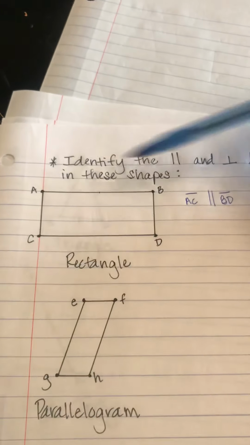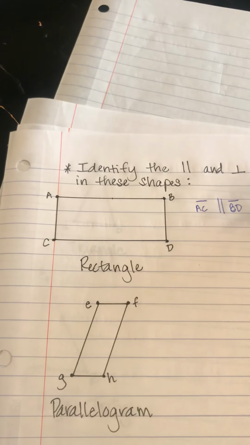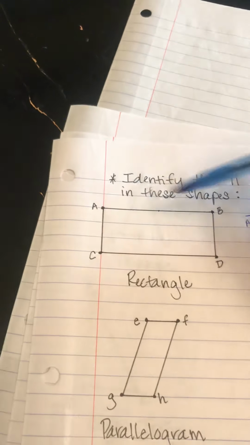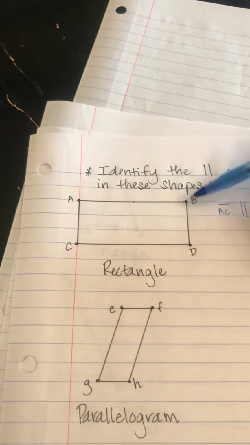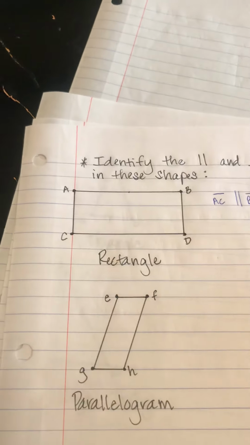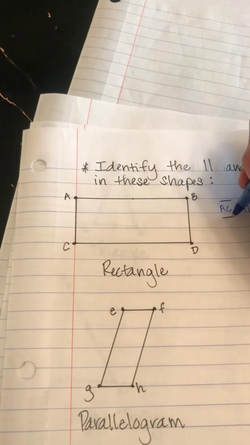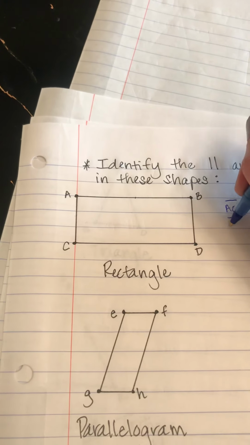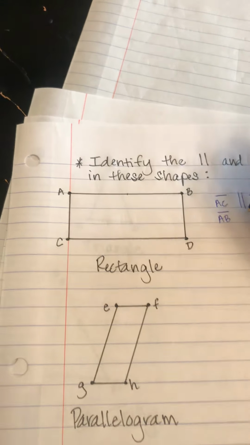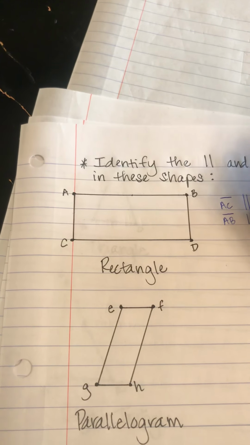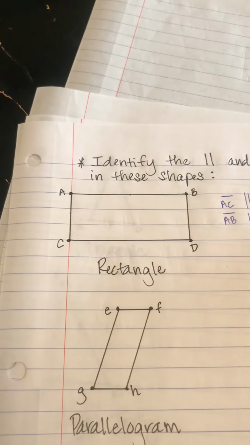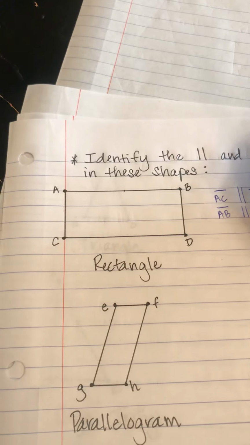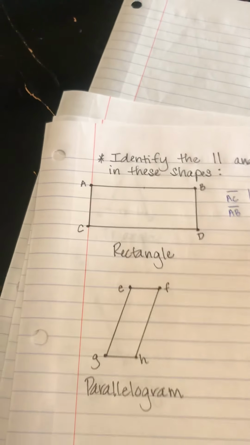Do you see any other lines in here that would never intersect? I hope you noticed that AB is parallel to CD. Do you see that? So we also have line AB is parallel to line CD. Okay, now that's all of them.